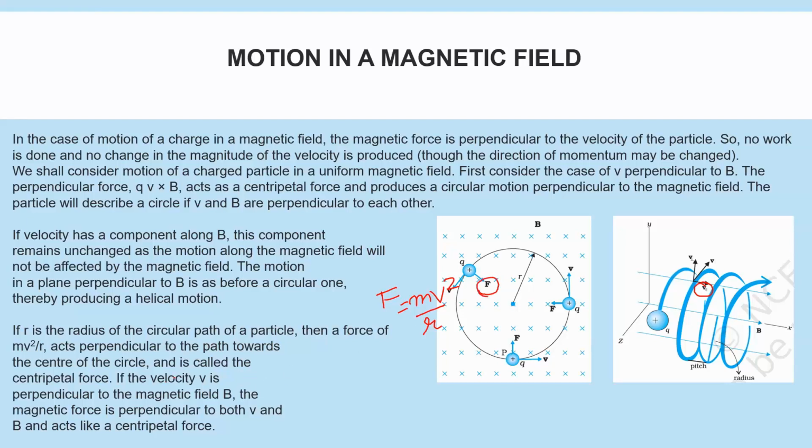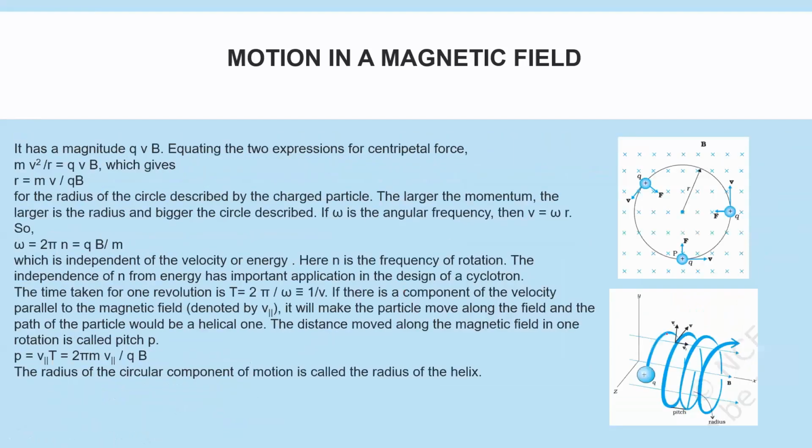If the velocity v is perpendicular to the magnetic field, the magnetic force is perpendicular to both v and B, and as I said, it is going to be the centripetal force. Then there are different aspects of the motion of this charged particle when it is placed in the uniform magnetic field.